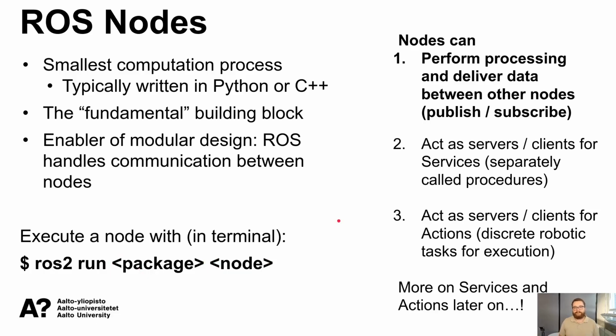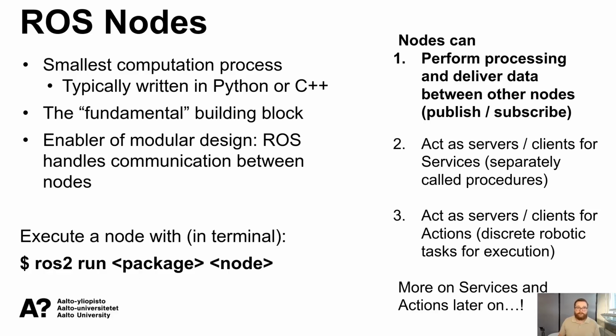The main thing that nodes typically do is they perform processing, and then they deliver their data from that processing to other nodes via topics, called publishing or subscribing. In addition to this topic-based communication, nodes can also act as servers or clients for services, which are remote procedure calls, and they can act as servers or clients for actions, which are discrete robotic tasks for execution.